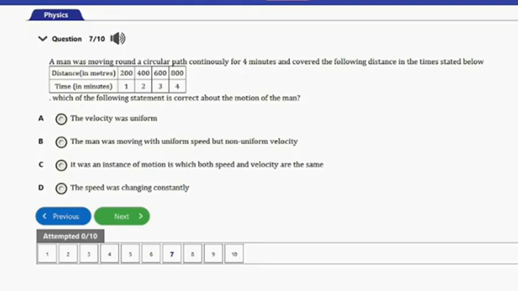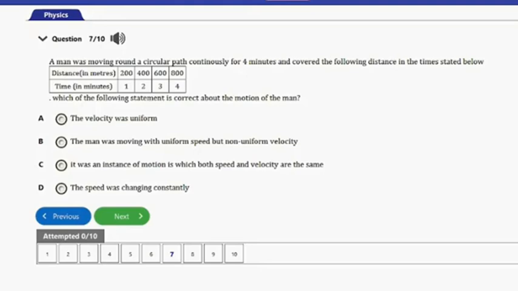So we'll see that the man was actually moving with constant speed, which means equal increase in distance covered at equal time intervals. So guys, using this, initially we have it stated in the question that the man was moving around a circular path. So the man was not moving in a specific direction.